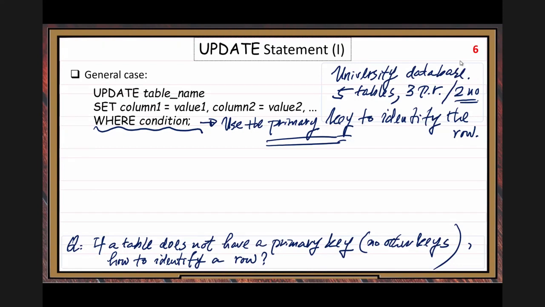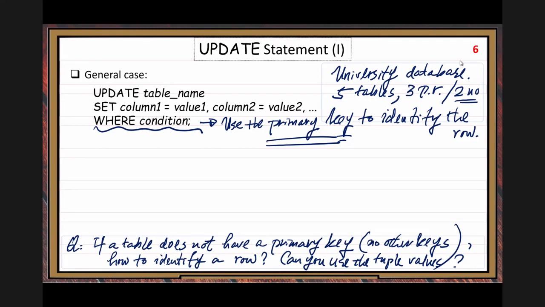Here, without a key, can you use the tuple values to identify the row? Fortunately, for our university database, we can use tuple values to identify. Here I do not say you can always do this in the general situation. In general, it may not be true.